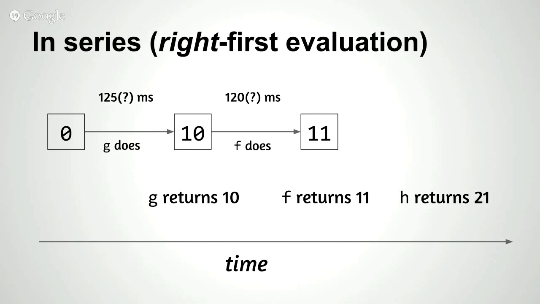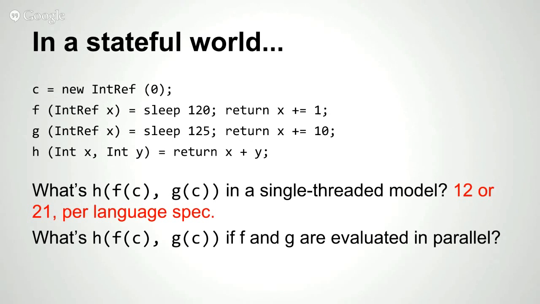And many languages are right first in their evaluation. So it depends on the language specification. But at least there, you can actually look it up, and if you know the language, you know the answer. What do you guys think this h is if f and g are evaluated in parallel?